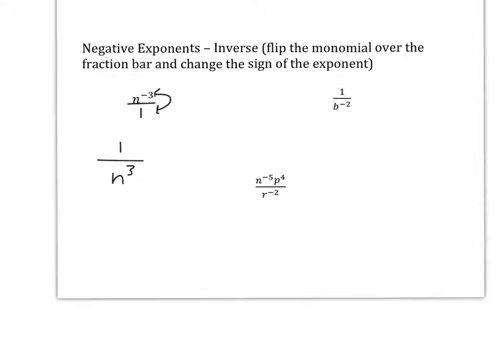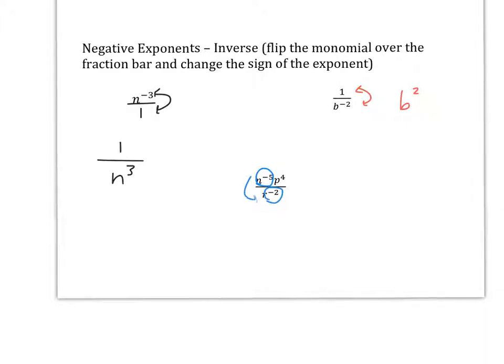Similarly, 1 over b to the negative 2nd, I will flip those and get b squared over 1. I don't necessarily need to write the over 1, so I can erase that. So the inverse of that to make a positive exponent would be b to the positive 2nd. Okay, now we have a little bit more here with this third example. I have a couple different negatives, so n to the negative 5th and r to the negative 2nd.